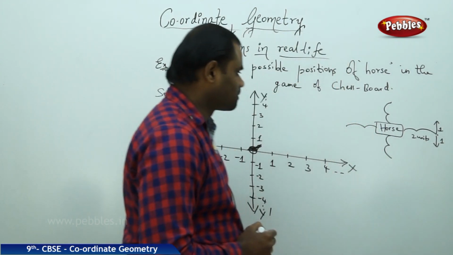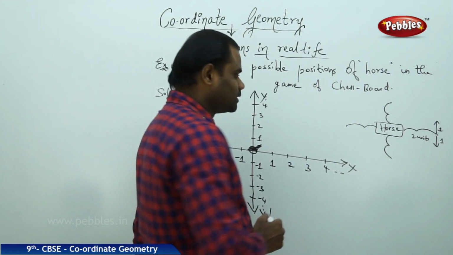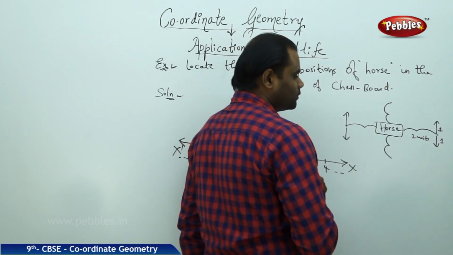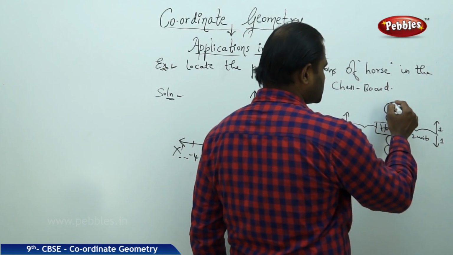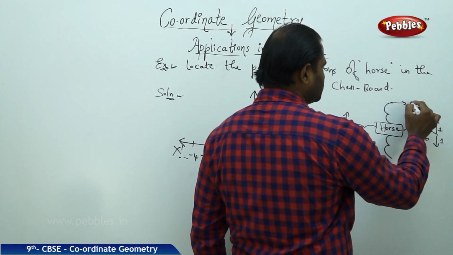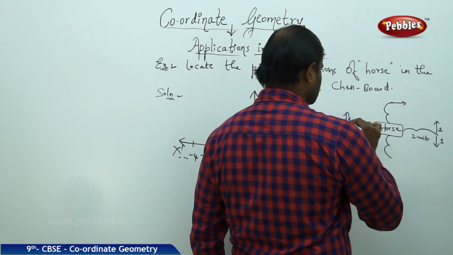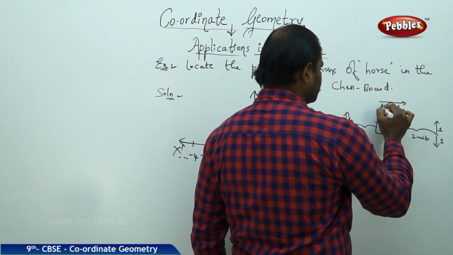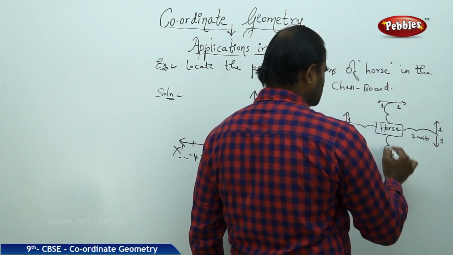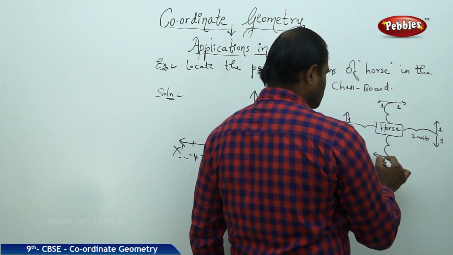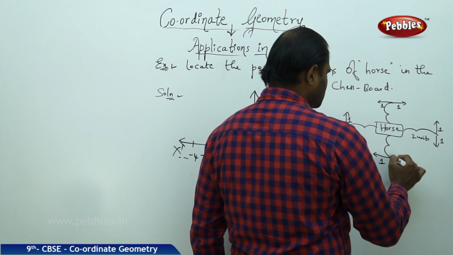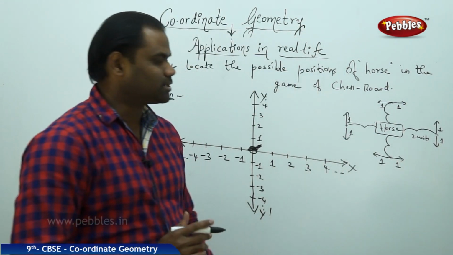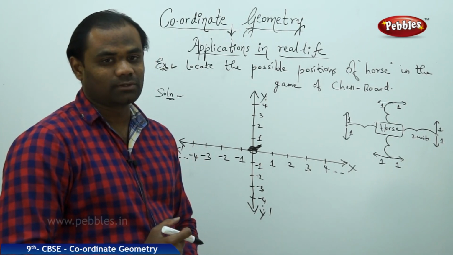If the horse moves 2 units left, then it can either move 1 unit up or 1 unit down. If the horse moves 2 units up, it can move either 1 unit right or 1 unit left. If the horse moves 2 units down, it can move 1 unit left or 1 unit right, is how we understand the different positions of horse.